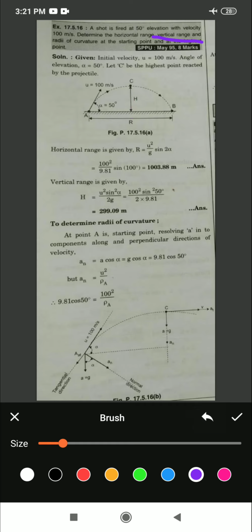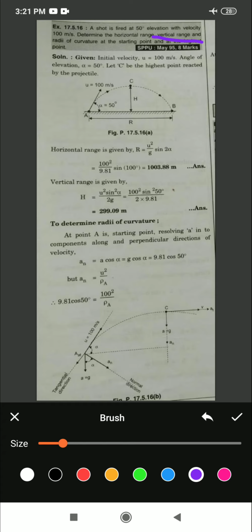Now, using the formula along the horizontal direction, R is equal to u square sine 2 alpha upon g. We can substitute the value of u, which is given as 100 meter per second, alpha value is 50 degree and g value is 9.81 meter per second square.